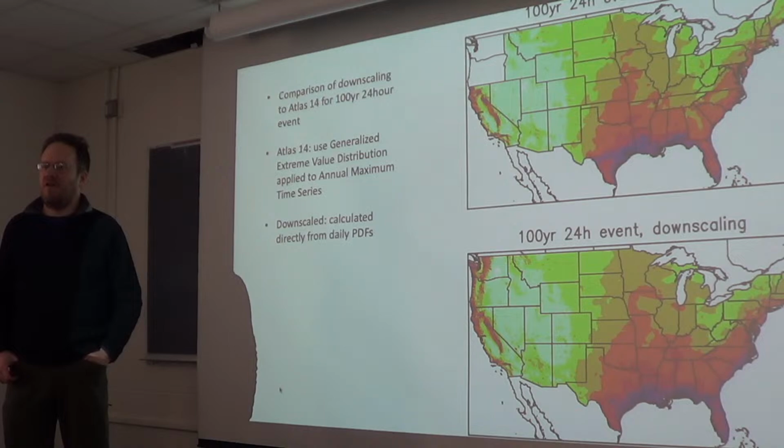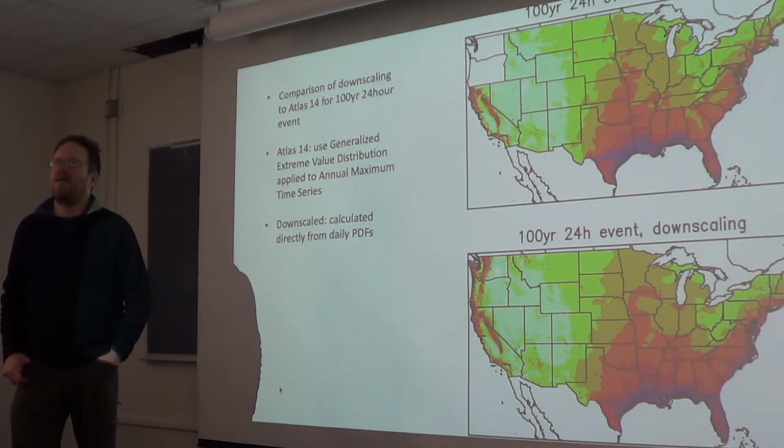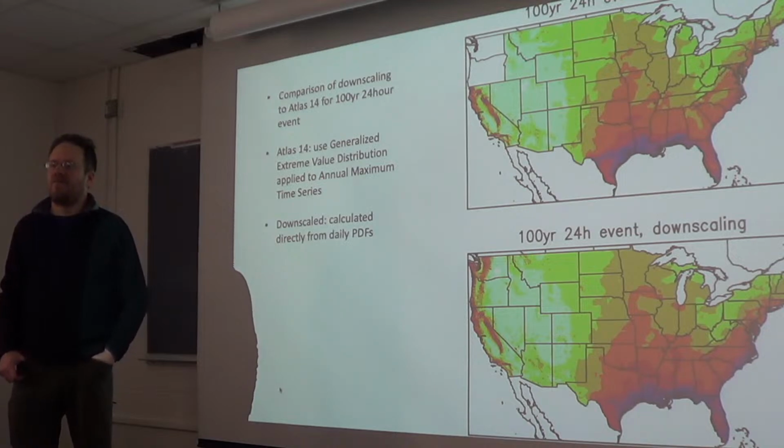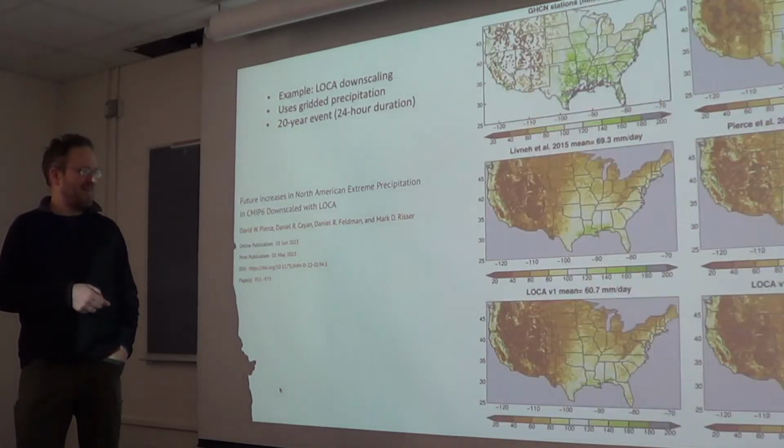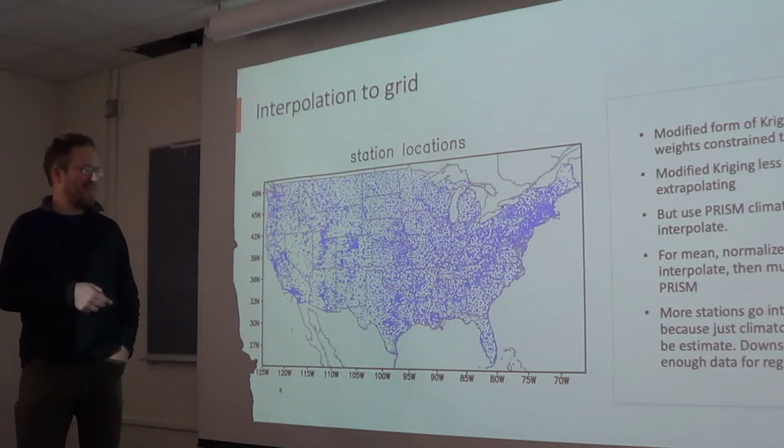Hidden Markov also simulates the probability of dry and wet days and also the amount, and you can include some predictors as you did. Yeah, and with the weather generator literature, they use it.